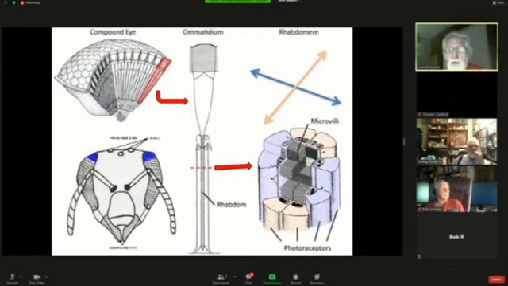And so going back to these ommatidia, in the left-hand part of the diagram, you see how there are hundreds, thousands of them in an eye. In the right part of the diagram, you see that they are arranged in these groupings that are 90 degrees to each other.